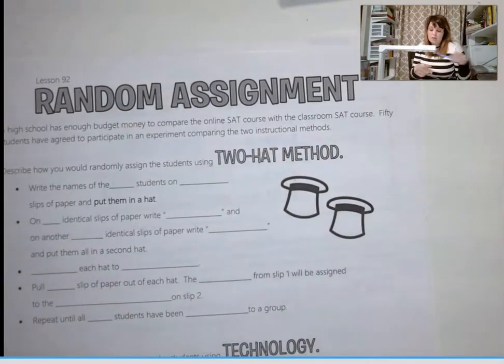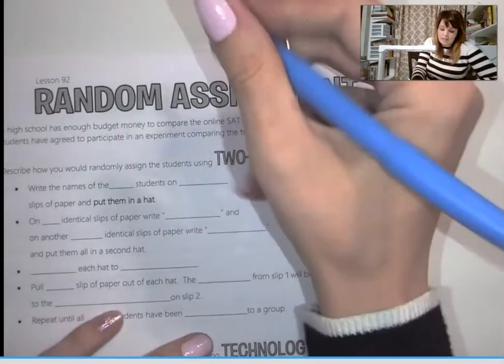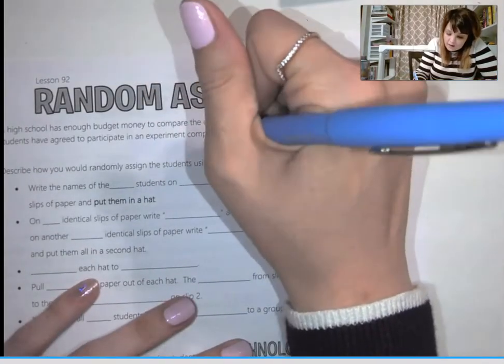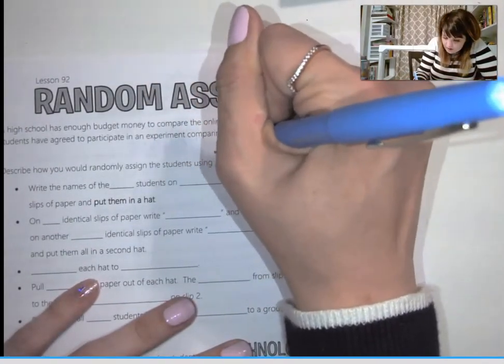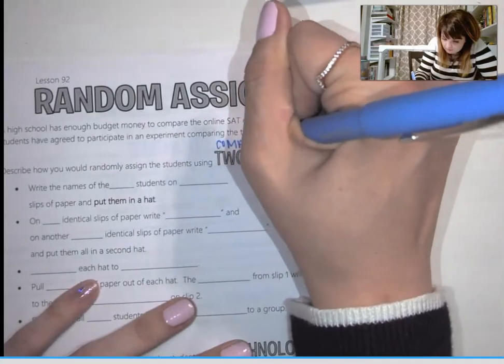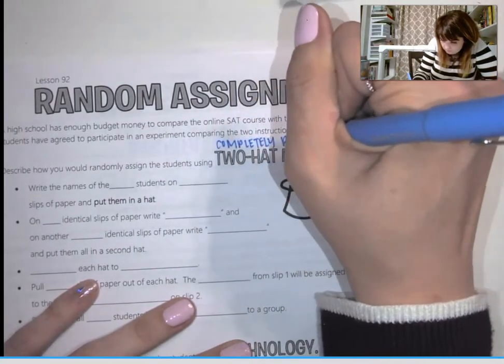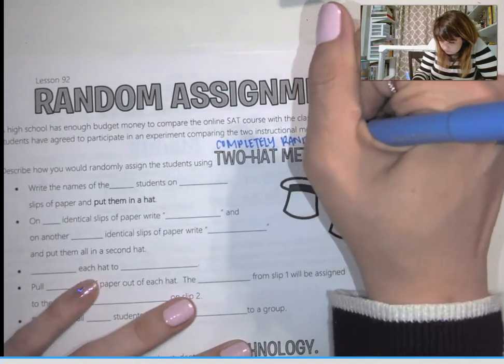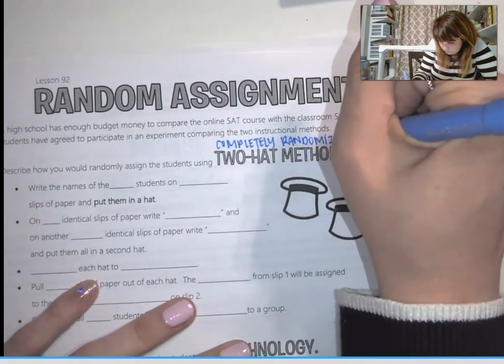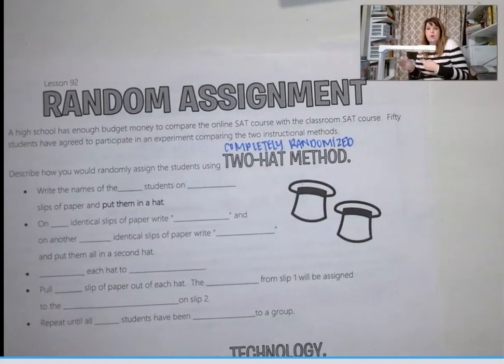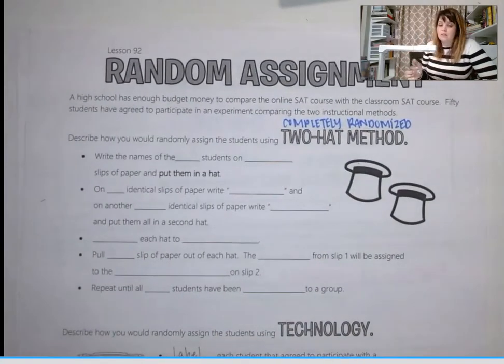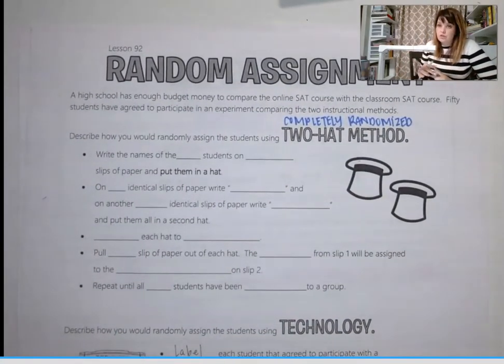So up here, 2-hat method is the easiest way to have a completely randomized design. 1-hat method allows you to assign the students to a treatment group. 2-hat method allows you to assign the treatment and randomize what treatment gets assigned at the same time.